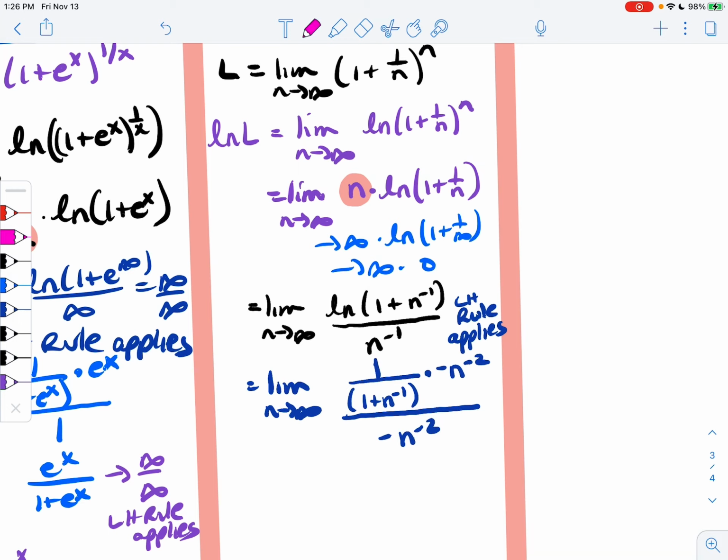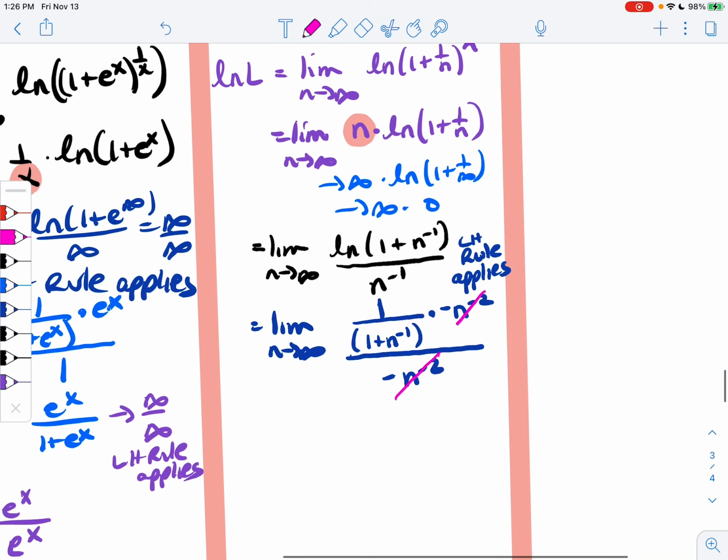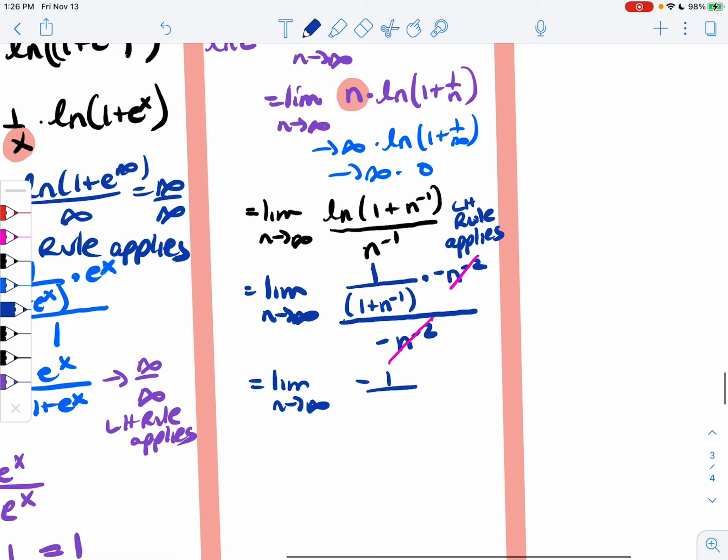I see that I've got common factors in the top and bottom. I can cancel that n to the minus 2 with that n to the minus 2 to get my limit as n goes to infinity of minus 1 over 1 plus 1 over n, right? Because that's all that's left in the numerator.